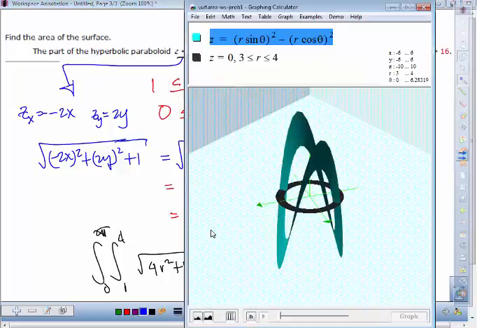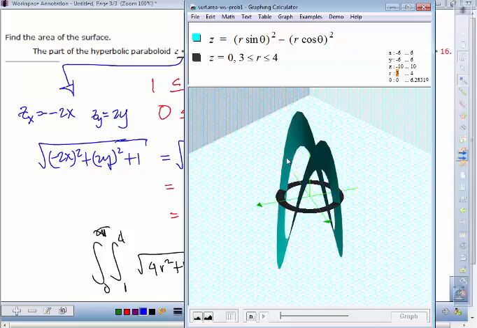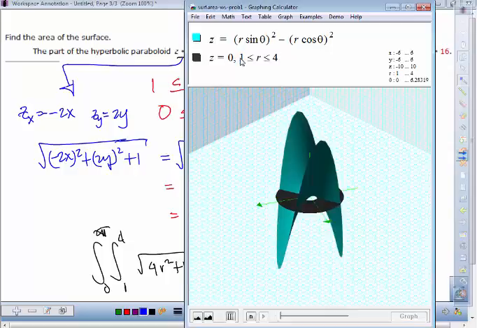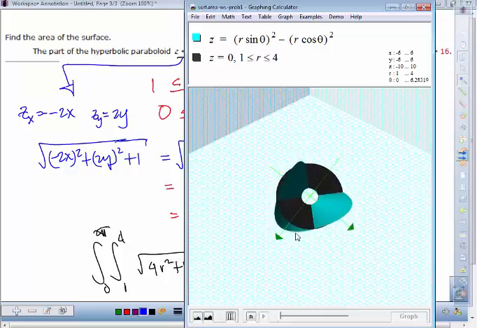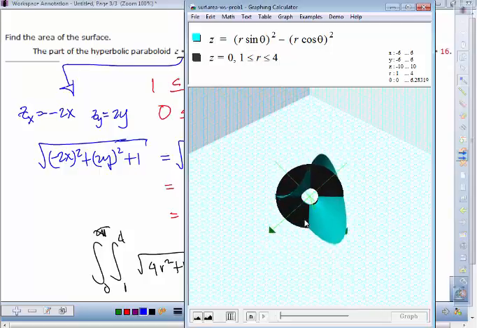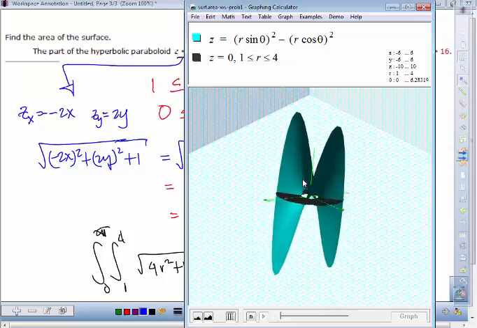I have a picture of it. It's actually a little bit different here. We need to go from radius 1. So here's a domain, which is the annulus, and here's a saddle, but the saddle has a hole in it, and you're looking at the saddle from a roundabout way.